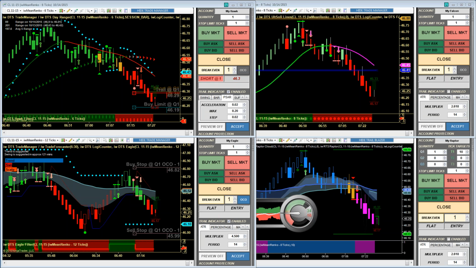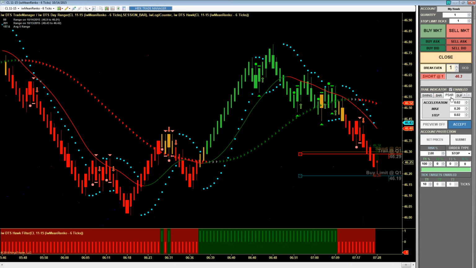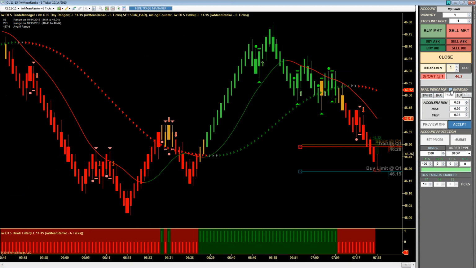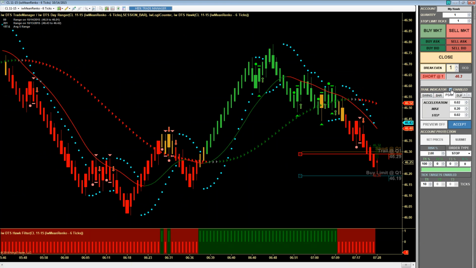Jim is saying on Trade Manager, how do you set the automatic trail versus the static stop order? With this function right here, this enabled tab, see how it turned my trailing stops off, and now my trailing stops are on. So once I enable them and accept them, it will manage my stops for me.